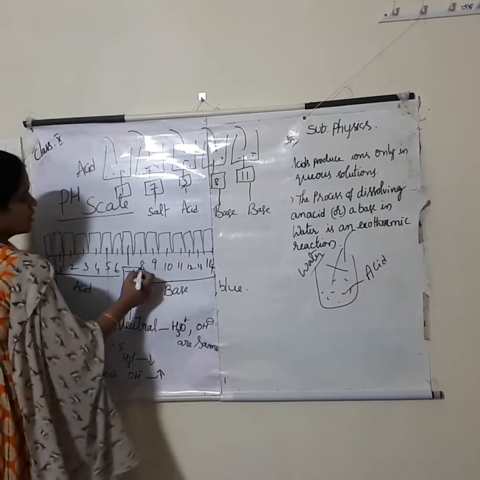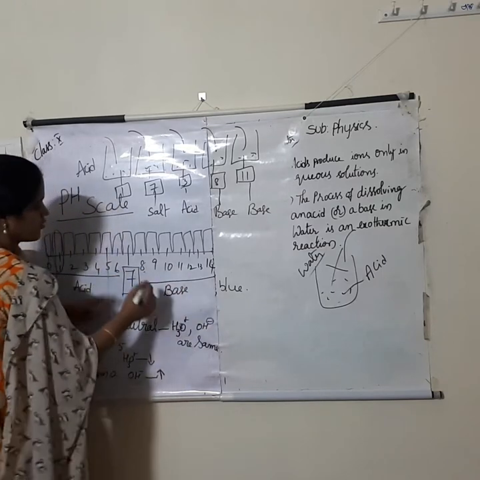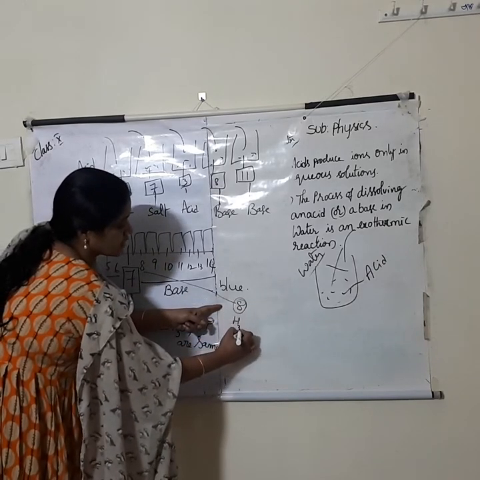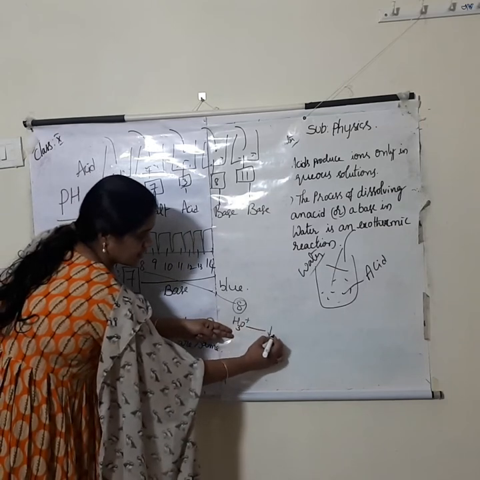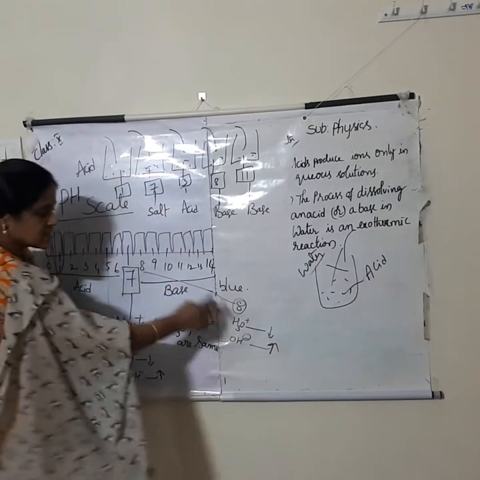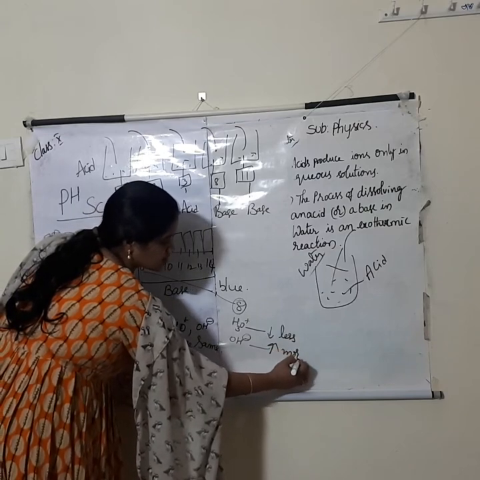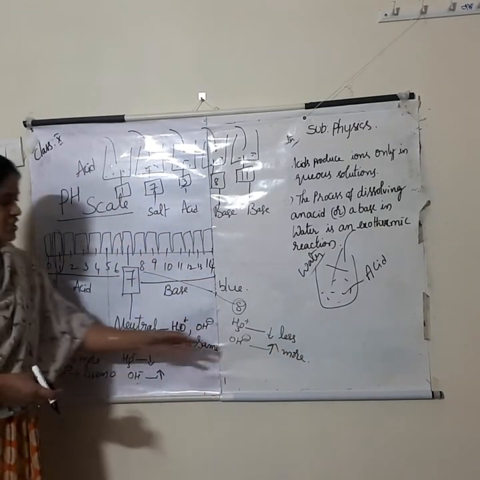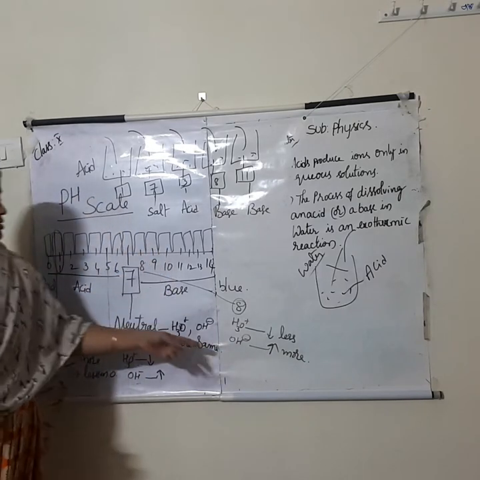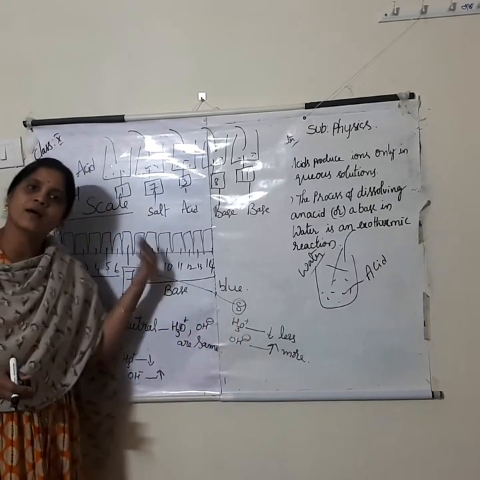Next, coming to 8 to 14. Here when coming to the value of 8, H3O+ ions are decreasing and OH- ions are gradually increasing. In this case, H3O+ ions are very less and OH- ions are more. So here OH- ions are more, which means that value has the basic nature.